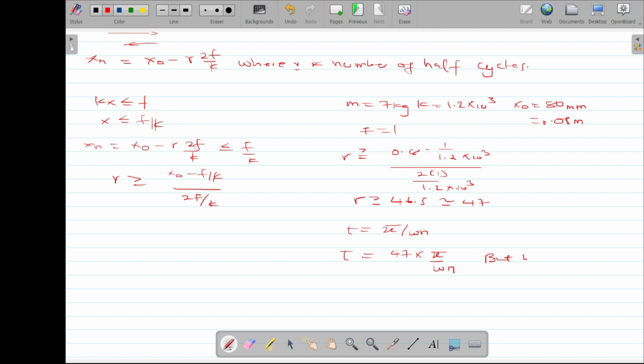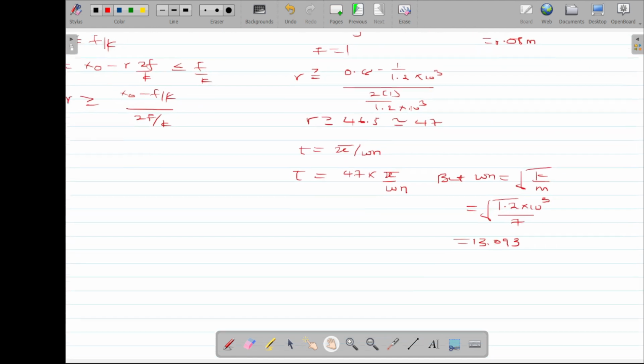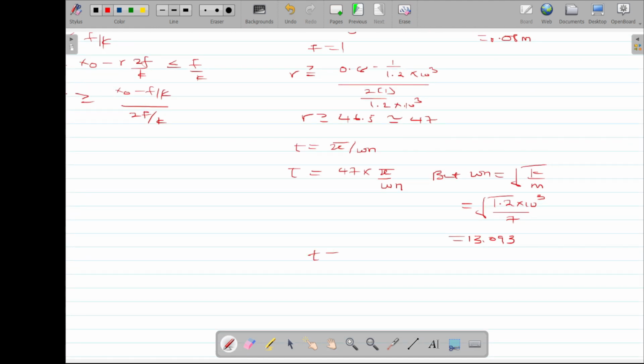But omega n is equal to square root of k on m, which equals square root of 1.2 times 10 power 3 all on 7. And that gives us 13.093.